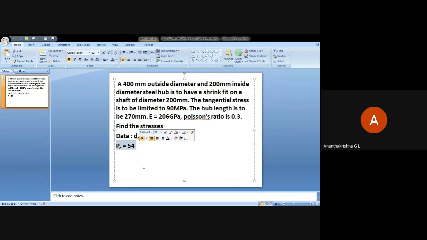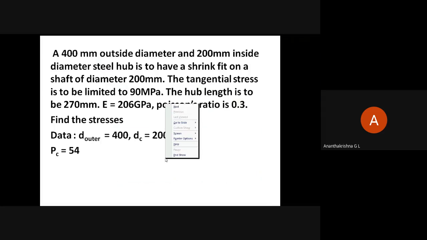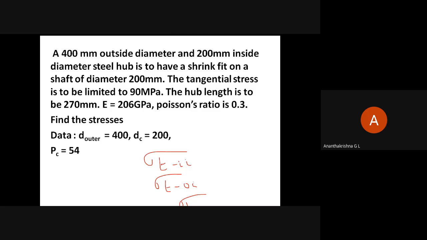Now using this value, we need to find out tangential stress at inner surface of inner cylinder, then tangential stress at outer surface of inner cylinder, and thirdly tangential stress at outer surface of outer cylinder.